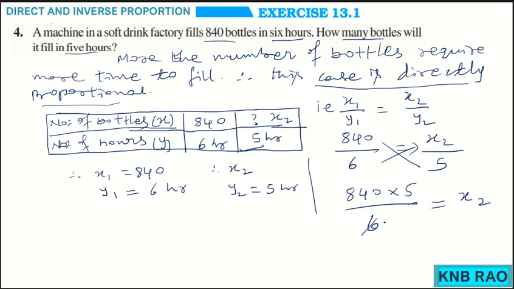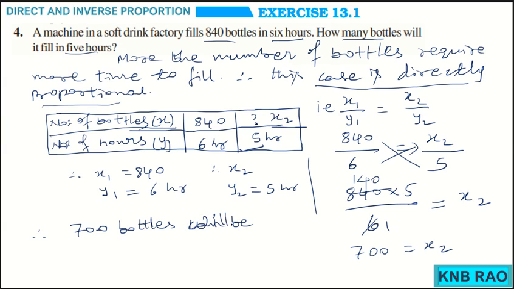Now you cancel them. 6 ones are 6, 2 carries 24, 6 fours are 24, and 0 comes as it is. Now 140 into 5, which is 700, is x2. Therefore, 700 bottles will be filled in 5 hours. So, this is how we solve.